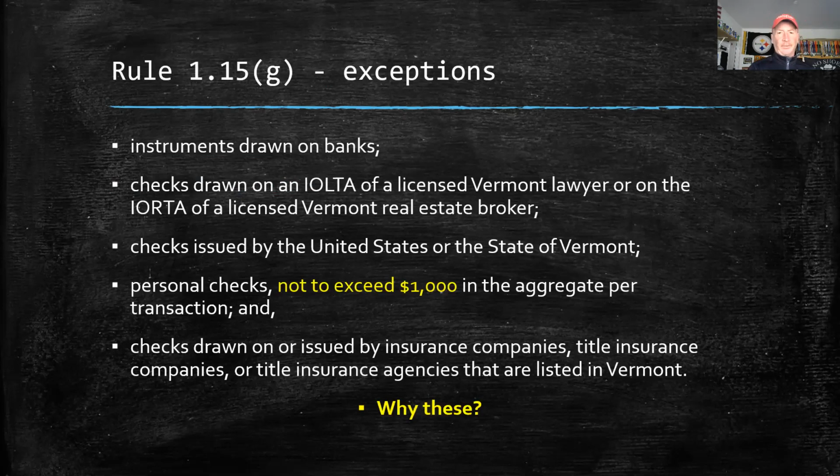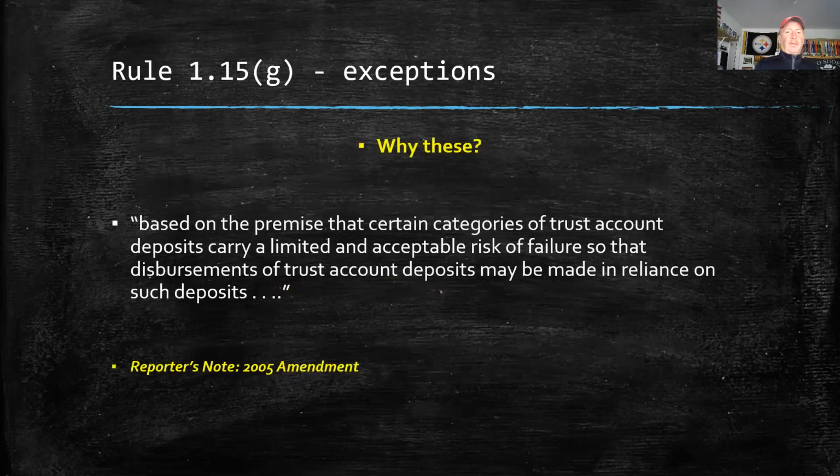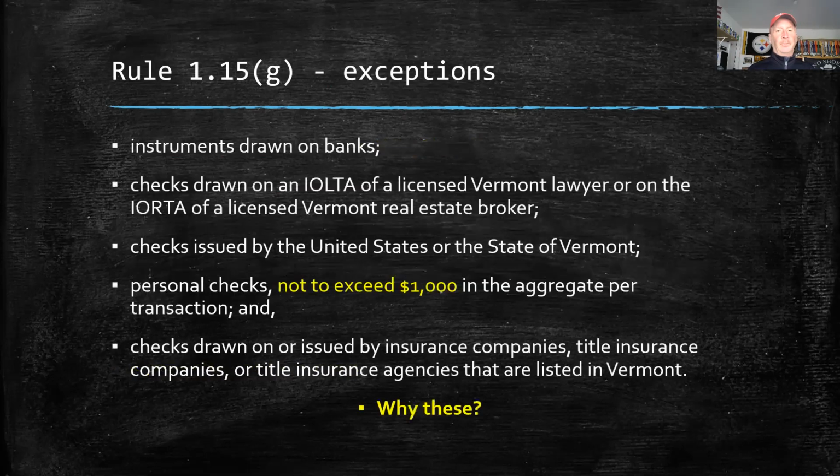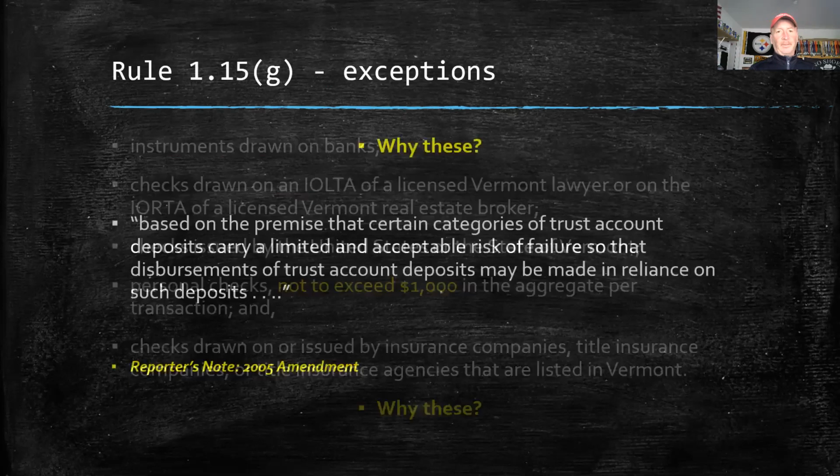Why do we allow lawyers to disburse against these on deposit? It's in the reporter's note. We made a decision that certain categories of trust account deposits carry a limited and acceptable risk of failure. So the disbursements against these deposits are okay immediately. So generally, we've decided that it's reasonable to conclude that these instruments are going to be good funds. So you can disburse against them on deposit.